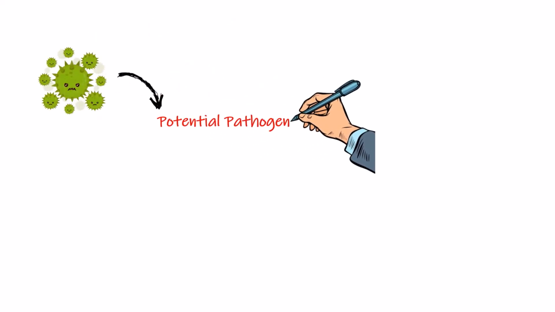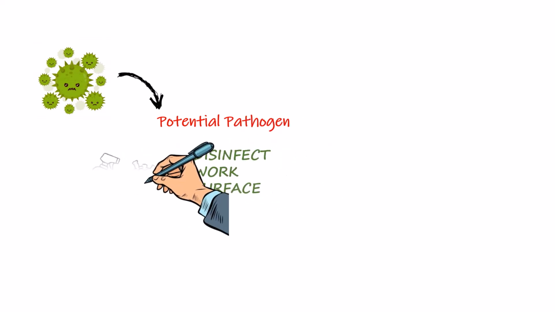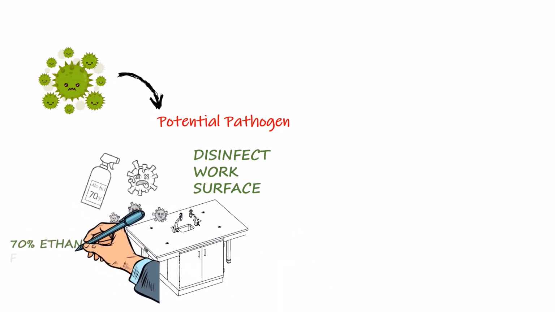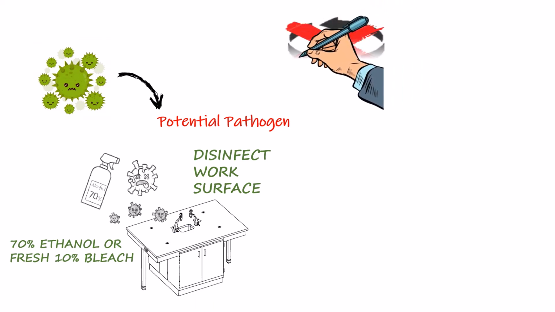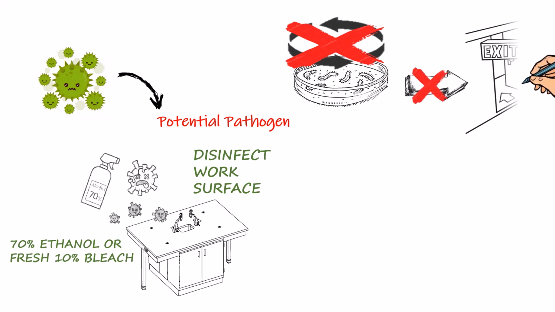Use appropriate care, such as disinfecting work surfaces and laboratory equipment before and after use with 70% ethanol or fresh 10% bleach, especially after spills, splashes, or other contamination by microbes. Do not open a petri dish in the lab unless absolutely necessary, and do not take the culture out of the laboratory.